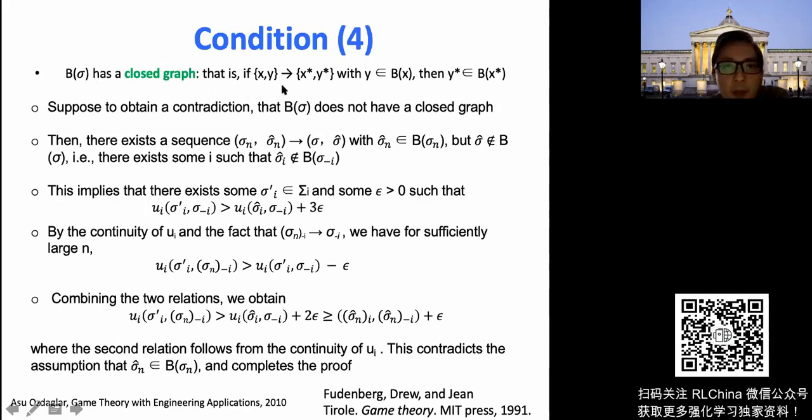Closed graph means that if I have a sequence of these pairs converging to X star, Y star, and all of this sequence belongs to the Nash equilibrium, in other words, X and Y are best responses to each other, then the converged one is also part of this best response set.